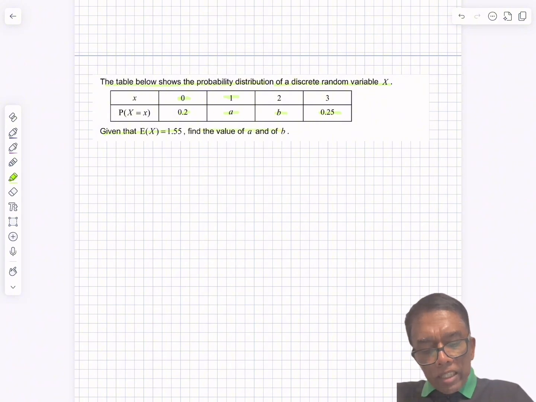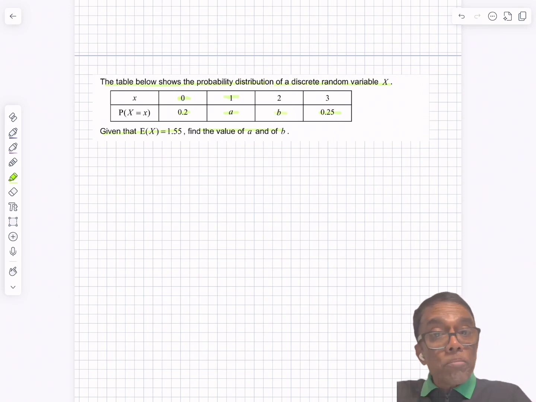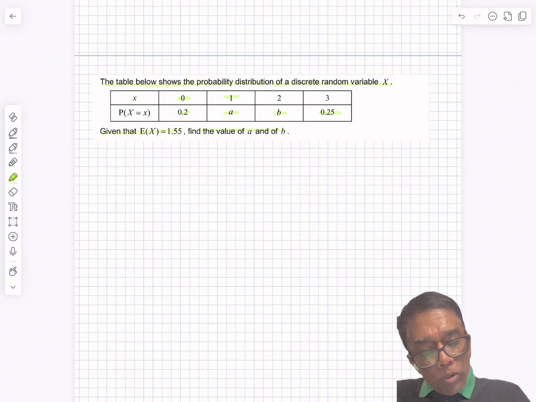Since it is a discrete probability distribution, we know that the total probability, that means 0.2 plus A plus B plus 0.25, is equal to 1.